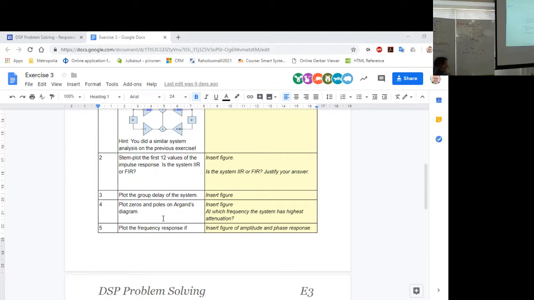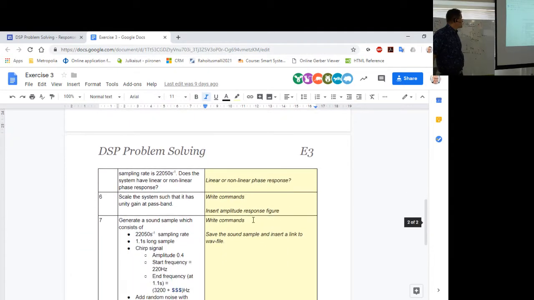Those are mostly just graphs that you will be doing, and then think of the points, like at which frequency the system has the highest attenuation and such kind of things.